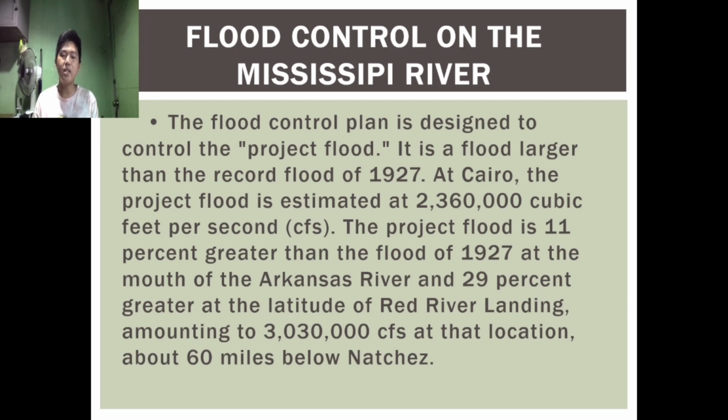The project flood is 11% greater than the flood of 1927 at the mouth of the Arkansas River and 29% greater at Red River Landing, amounting to 3,030,000 CFS at that location about 60 miles below Natchez.